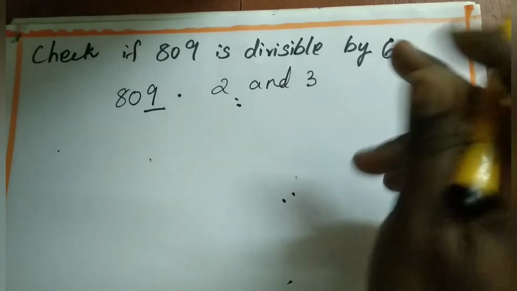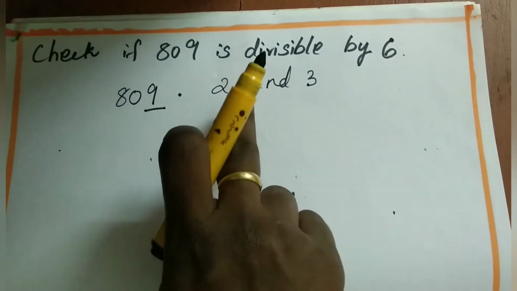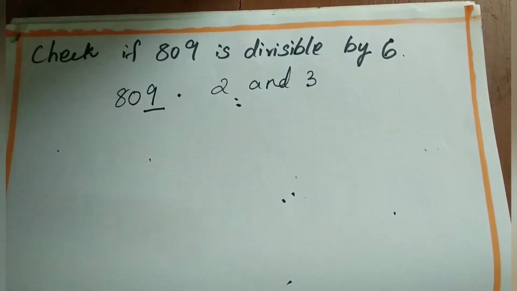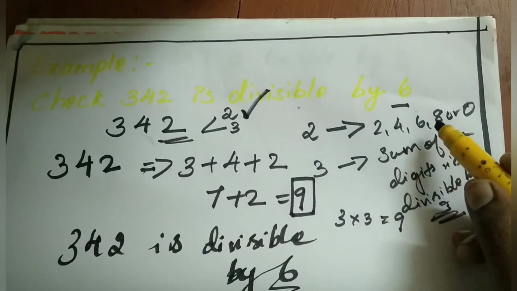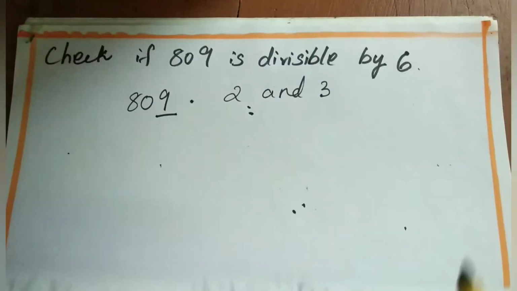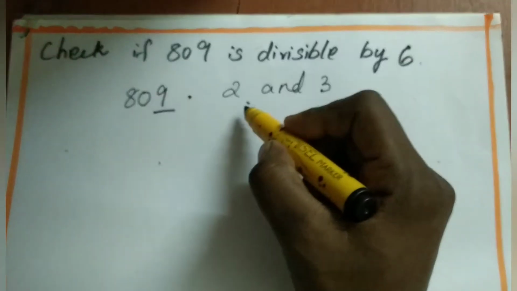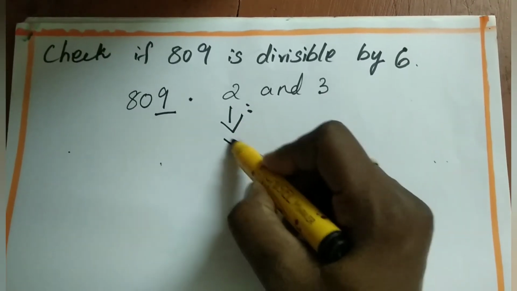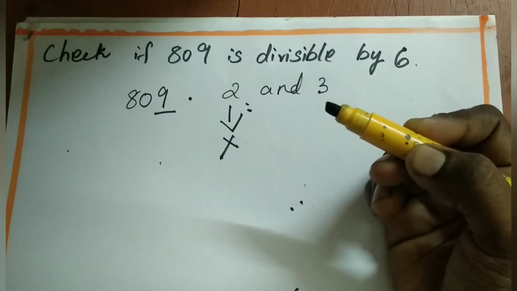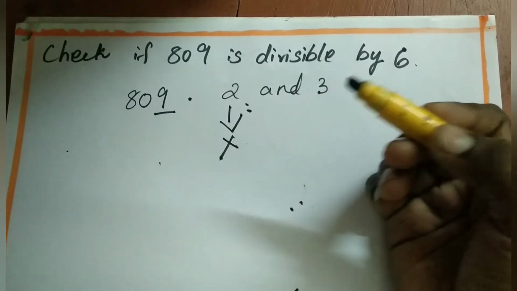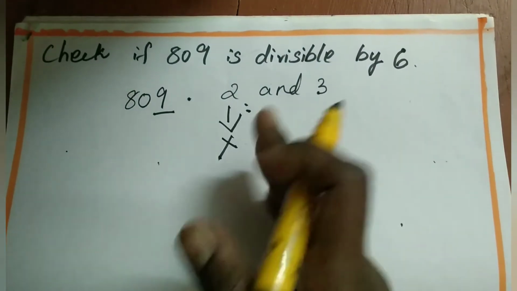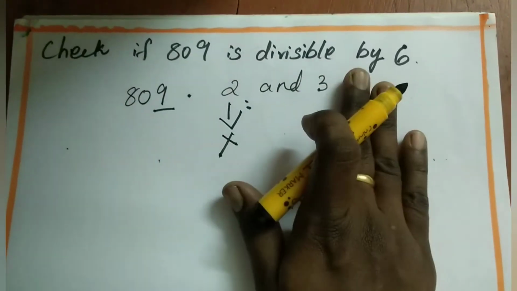If the number is divisible by 2, the last digit should be 2, 4, 6, 8 or 0, as we already saw yesterday. But here the last digit is 9, so the divisibility rule for 2 is not satisfied. If 2 is not satisfied, we can tell it is not divisible by 6.